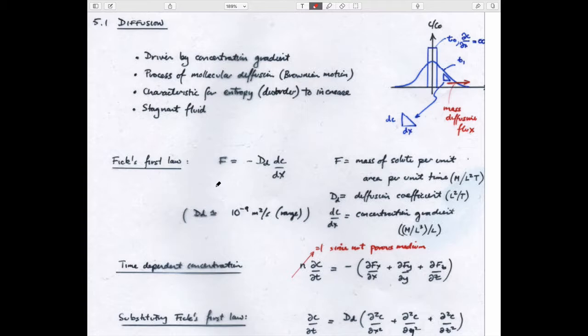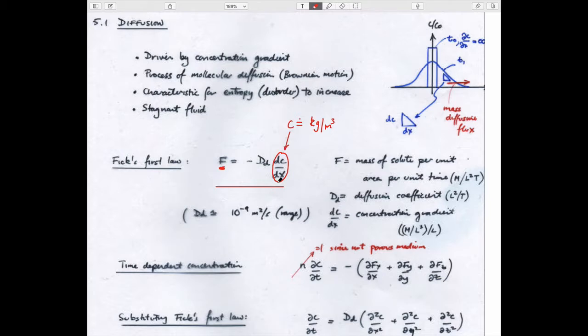And the statement of that is Fick's law, which says that the mass flux, the amount of dissolved mass that is moved in the system, is proportional to the gradient of the concentration, dc dx. Concentration has units of, as we said, mass per unit volume typically.